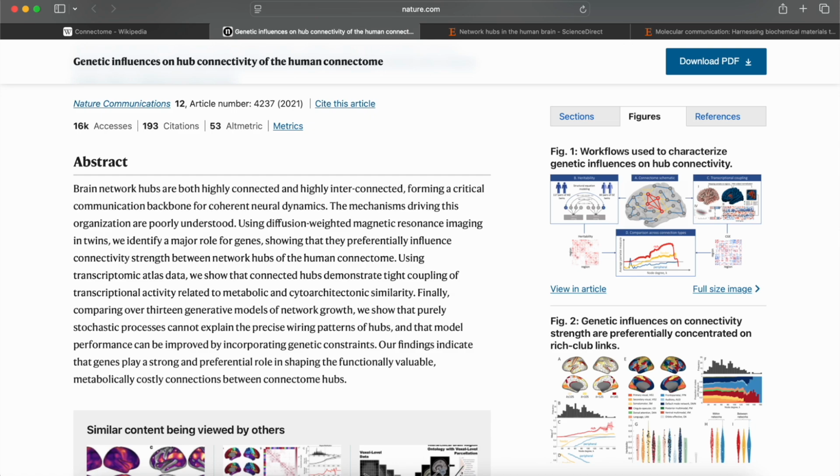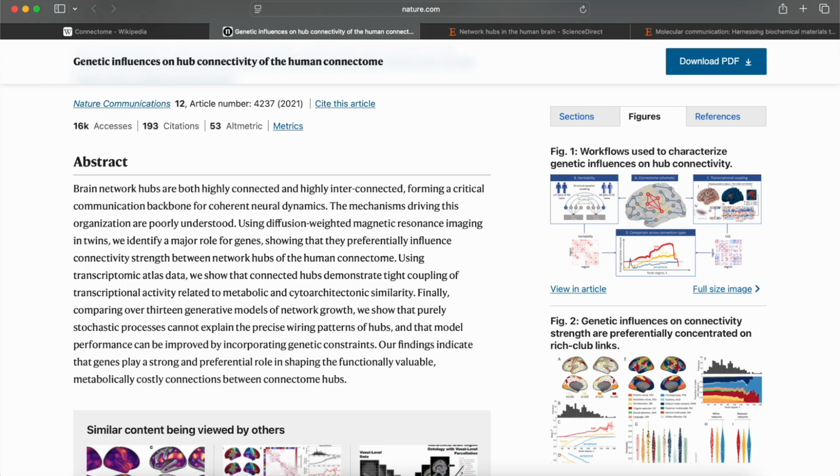Using transcriptomic atlas data, we show that connected hubs demonstrate tight coupling of transcriptional activity related to metabolic and cytoarchitectonic similarity. Finally, comparing over 13 generative models of network growth, we show that purely stochastic processes cannot explain the precise wiring patterns of hubs, and that model performance can be improved by incorporating genetic constraints.